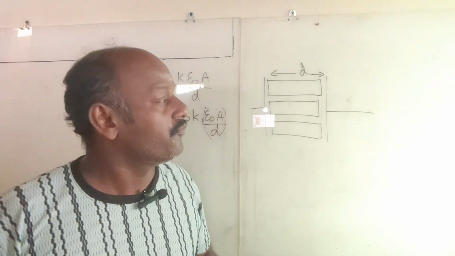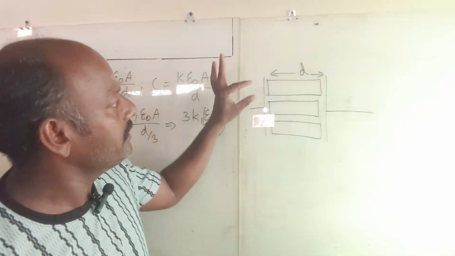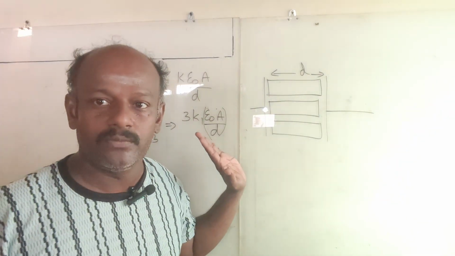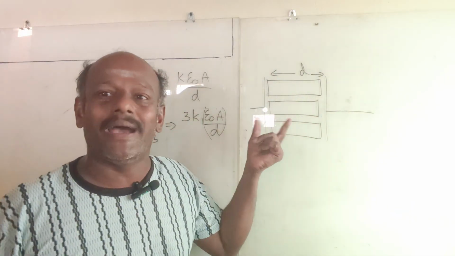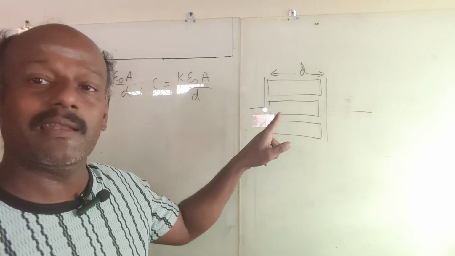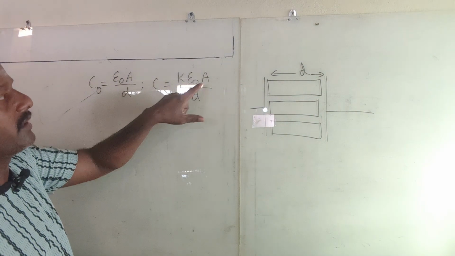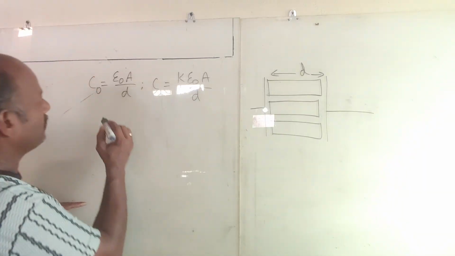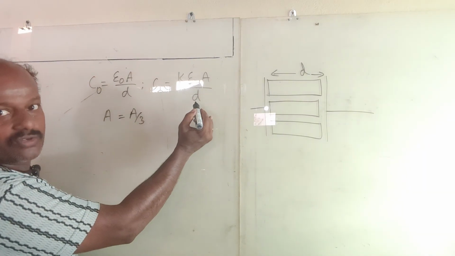Now, for the parallel combination. Here the thickness is the same and the area is A by 3 for each. This is treated as a parallel combination. Of course C is equal to K times epsilon naught A by D, but here A becomes A by 3 and D does not change.